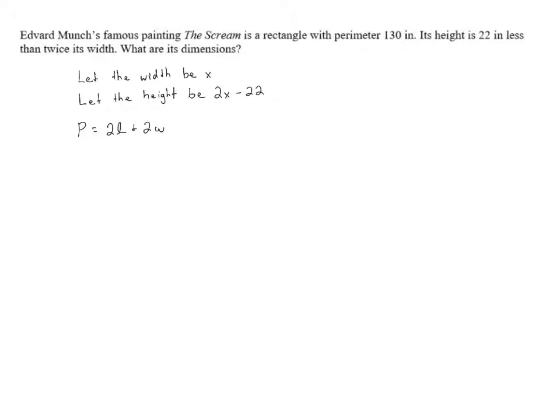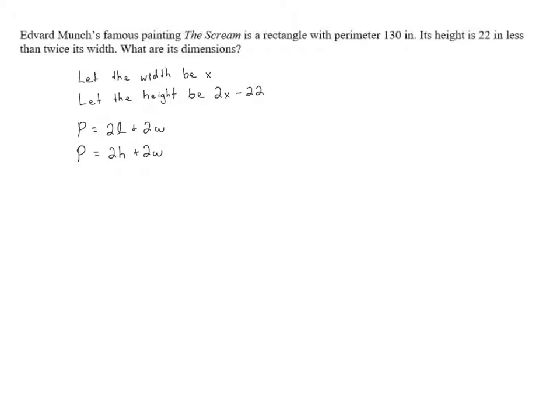But we're going to modify it just a little bit in this problem, because that formula involves length and width, but in this one we're calling the dimensions height and width. So we're really going to use P equals 2H plus 2W, because we can take 2 times the height plus 2 times the width if we're calling the dimensions height and width.